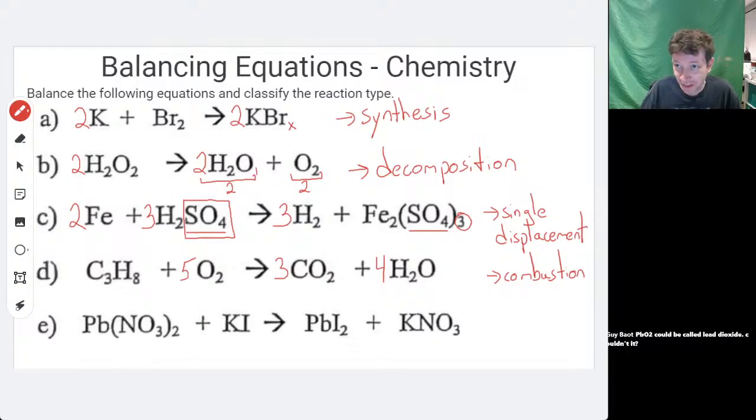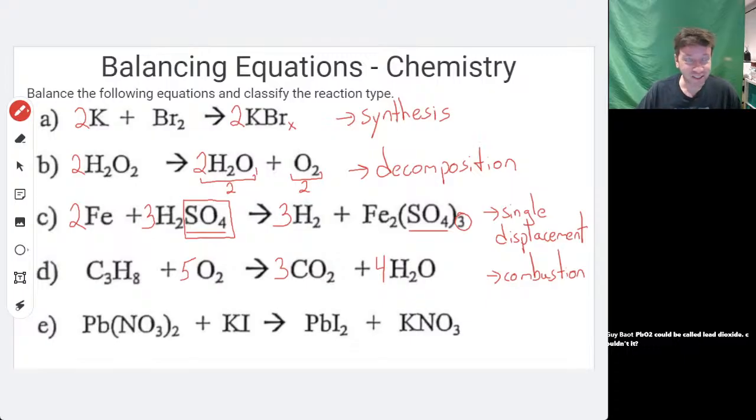Hold on, I have a question. PbO2 could be called lead dioxide, couldn't it? Yeah, there are a lot of exceptions to the naming rules, and we start to come across those exceptions in grade 11 and grade 12. For example, HCl.